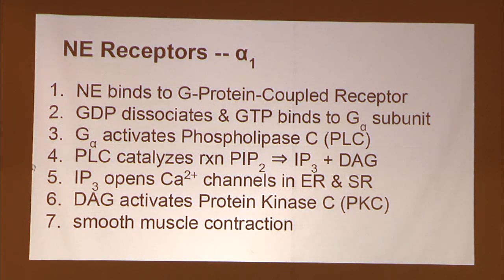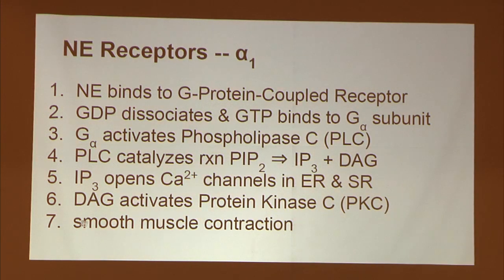Who knows? But we get IP3 and DAG, and then IP3 is going to open calcium channels in the endoplasmic reticulum or sarcoplasmic reticulum, depending on if we're talking about smooth muscle or a different cell, because smooth muscle usually has the SR. But anyway, calcium is housed in that, so we get calcium from there. We're also getting calcium from outside the cell.